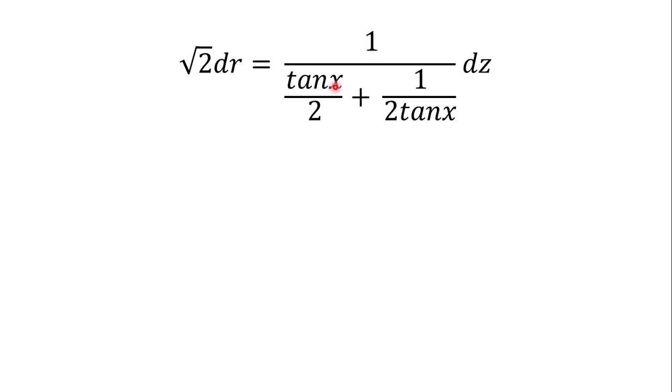One over tangent x over 2 plus 1 over 2 times what? Tangent x. Well, let's work on this denominator. Let's work on it a bit before we bring in what is supposed to replace this. Let's work on this a bit.